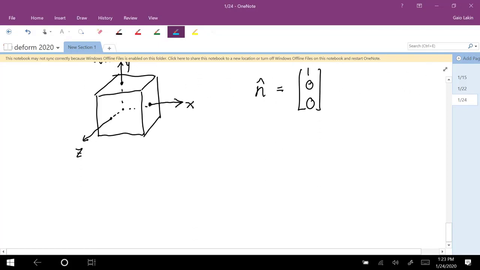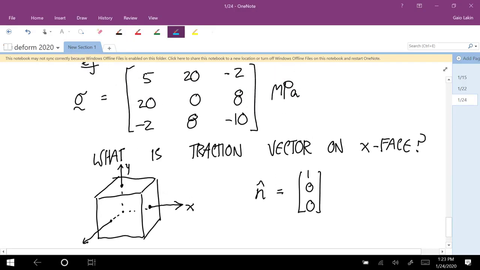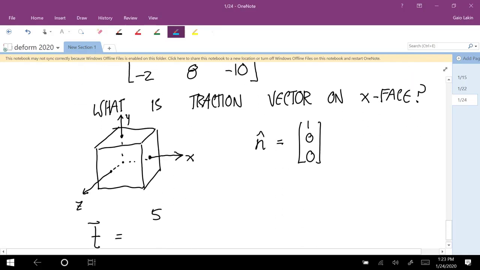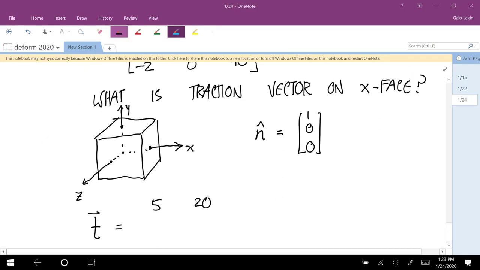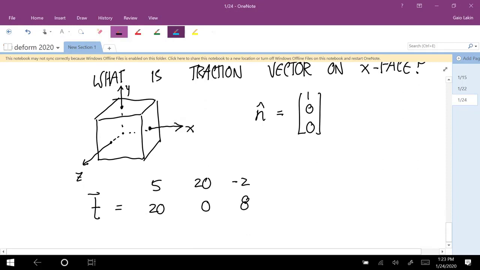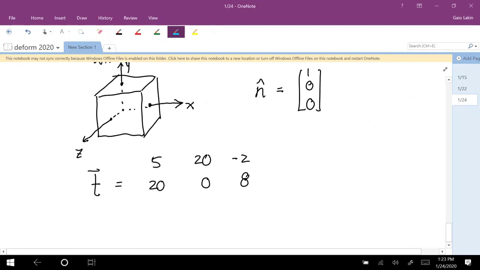And so the traction vector is, okay, so I got 5, 20, negative 2, 20, 0, 8, negative 2, 8, negative 10.